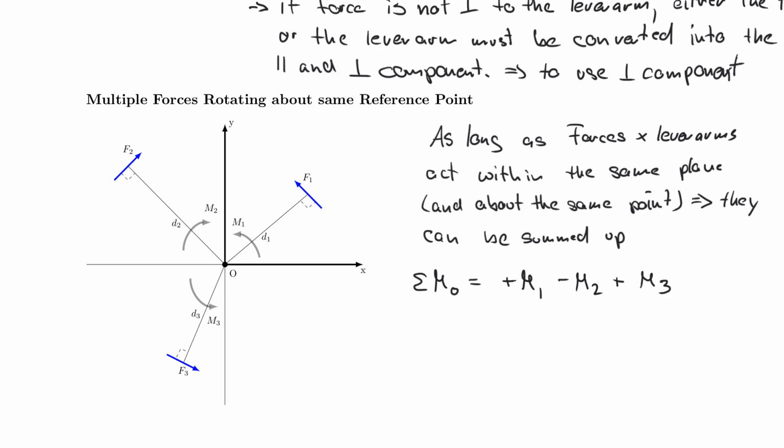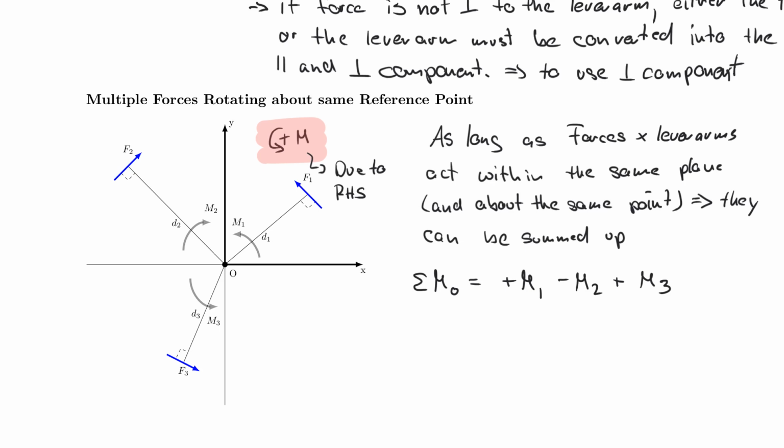And let's just say that moments are counterclockwise positive. That is something that we definitely need to highlight. This is something you need to understand. This is because of the right-handed coordinate system. So because of the right-handed coordinate system, we call moments positive if they are counterclockwise.